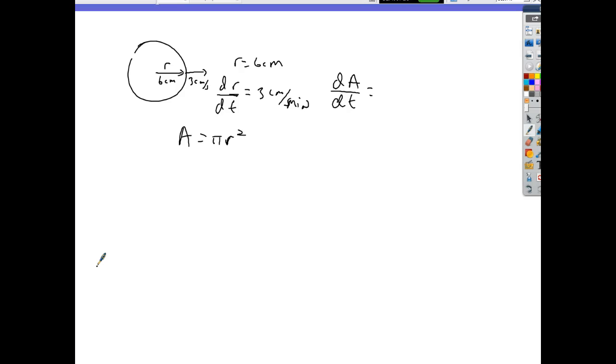By multiplying it by dA/dt. How do you turn A into dA/dt? You just multiply it.